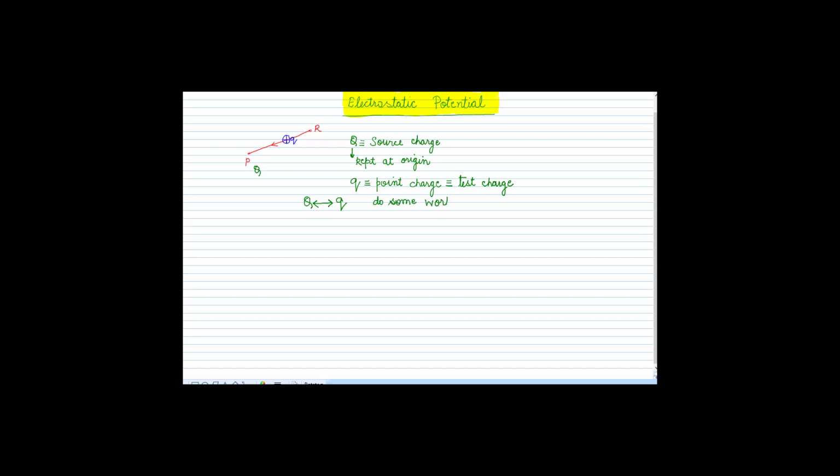What is the work we are doing? The work we are doing is against the electric field, because we are bringing these two charges close together. Capital Q is kept fixed at the origin, and small q we want to bring close to it. So we have to work against the electric field of charge Q. The force we have to apply externally is in the opposite direction of the force due to the electric field.